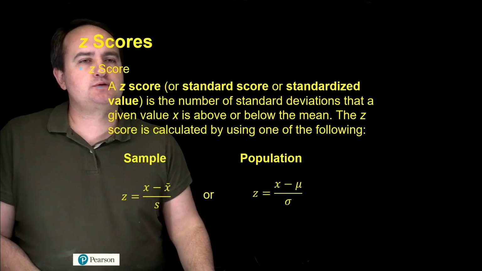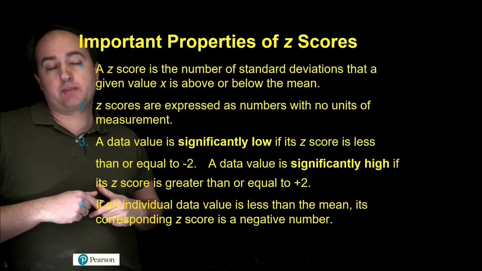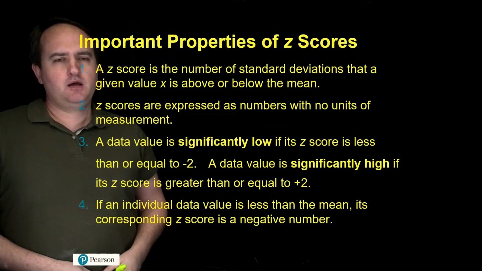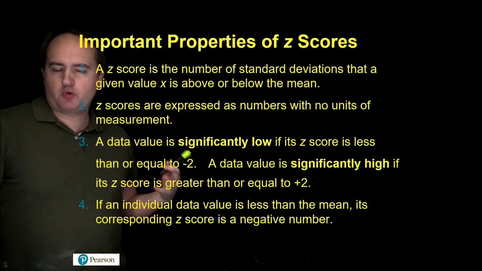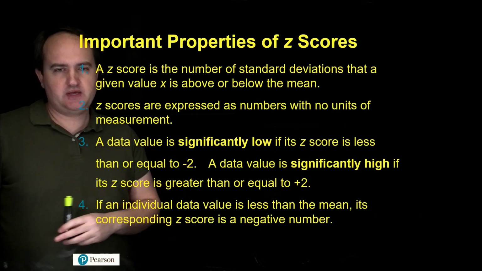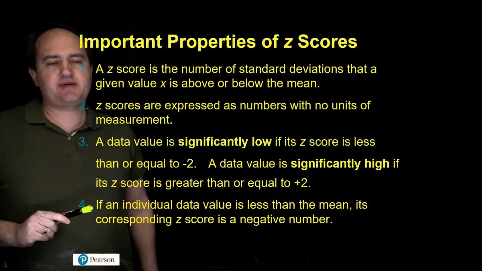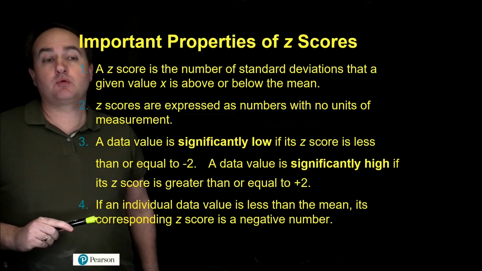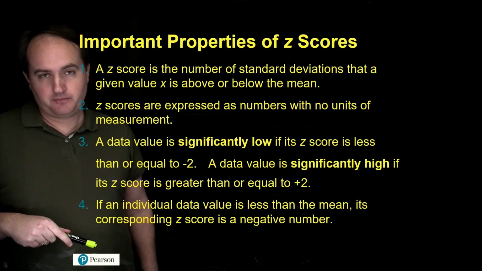Okay, so going back to important properties of a z-score, one more thing I wanted to talk about before we actually calculate a z-score is if an individual data value is less than the mean, its corresponding z-score is a negative number.